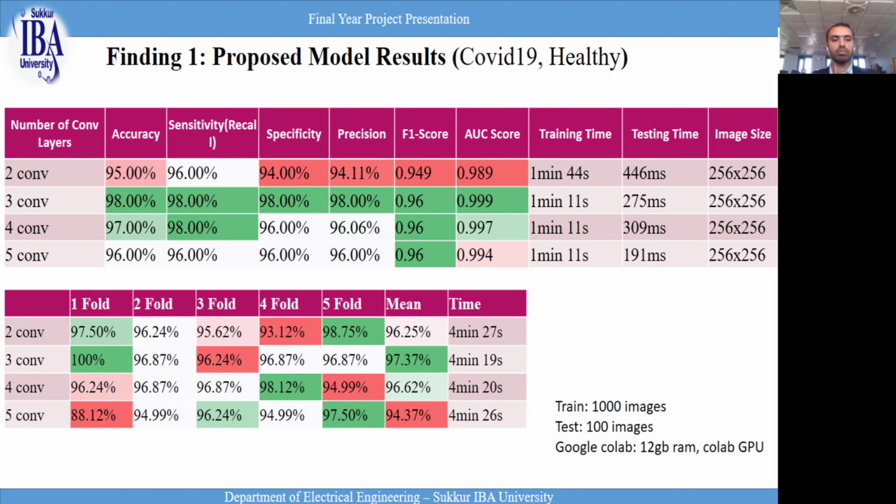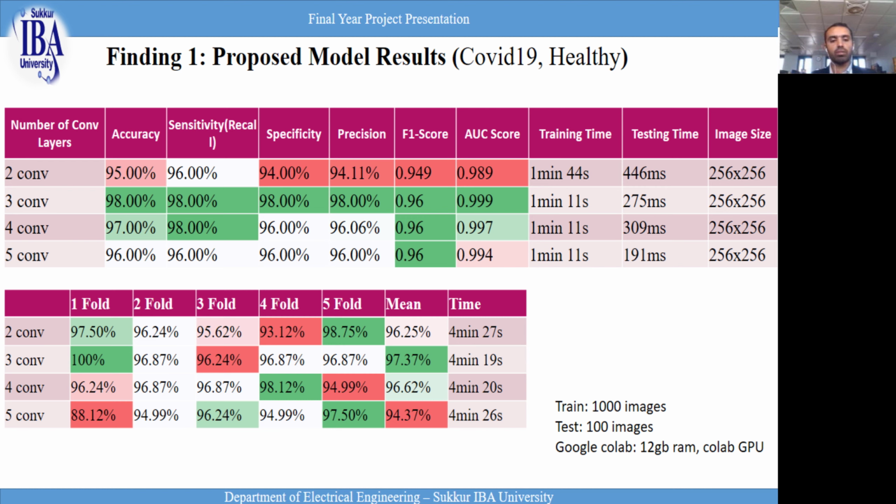We have used image size 256 by 256, and the training time is 1 minute. It is because we have reduced image sizes. Previously the total image count was 3000 for binary, but now the total is 1100 images.